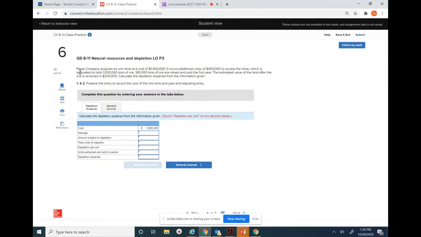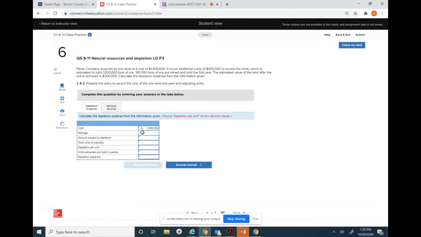The mine is expected to hold 1 million tons of ore. These are the units of production, or the units of activity. We also know that the estimated value after would be $200,000.